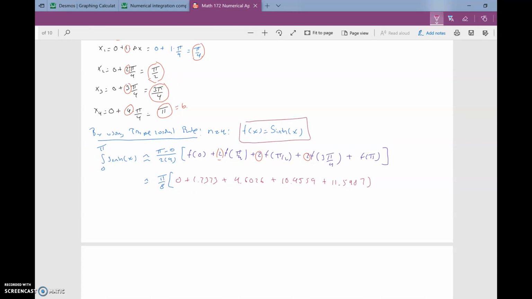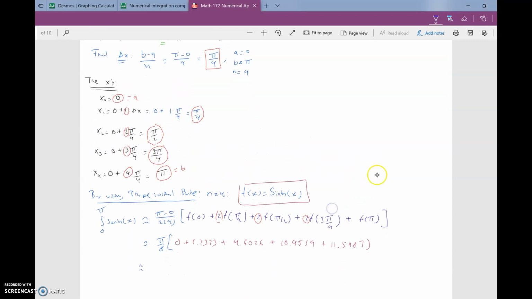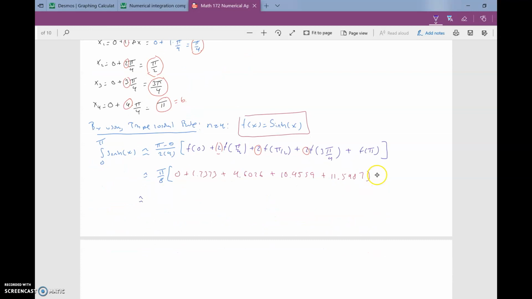Okay, at this point, please plug it in, and don't forget to multiply by pi over 8. Okay, so I'm getting that this is approximately 11.1309. Now this is what I'm getting by using the approximation, and also we're carrying a little bit more error because I'm rounding all of these to 4 decimals.